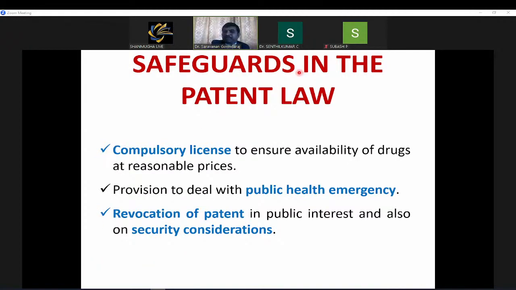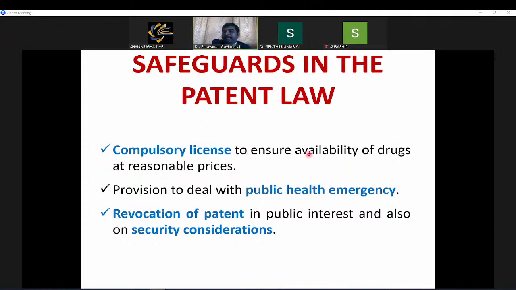And there will be some safeguards. If it is like that, whatever amount the patent holder demands, that only will come. So for that also there is a safeguard given by the government in the patent laws. There will be a compulsory license to ensure the availability of drugs at reasonable prices.